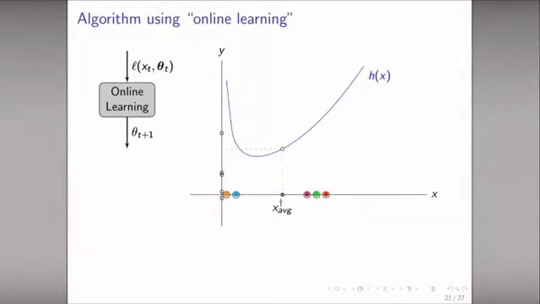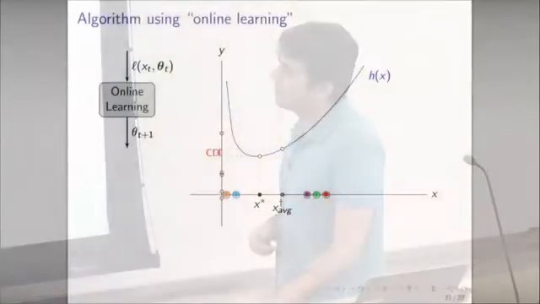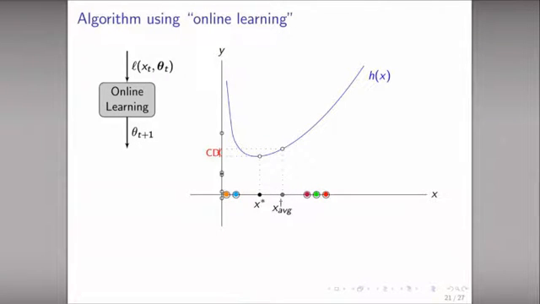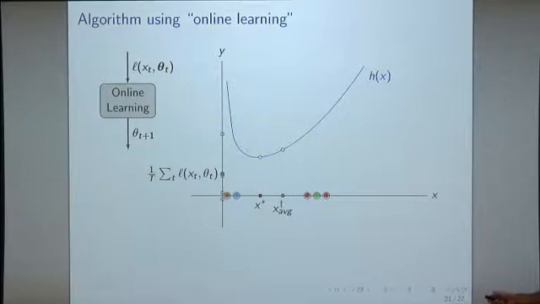Okay, so we're done. This is the average, this was the optimal in hindsight, and this was the computative difference. So now, what's happening? Here, I want to look at the average of the linear functions that I used, L of x comma theta t.